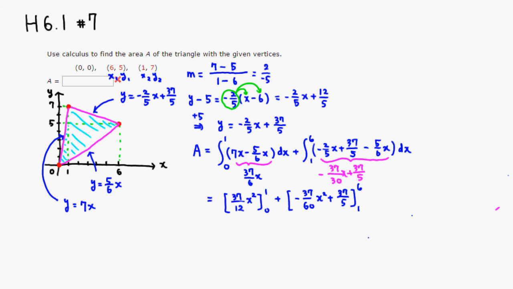All right. So here we're going to get, plugging in 1, so it's going to be 37 over 12. And plug in 0, so it's 0. Then you plug in 6. Let's see, one of the 6 cancels out with 10, and you have another 6, so it's going to be 3 over 5.